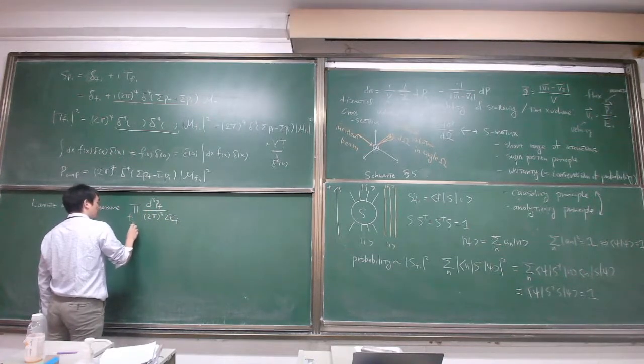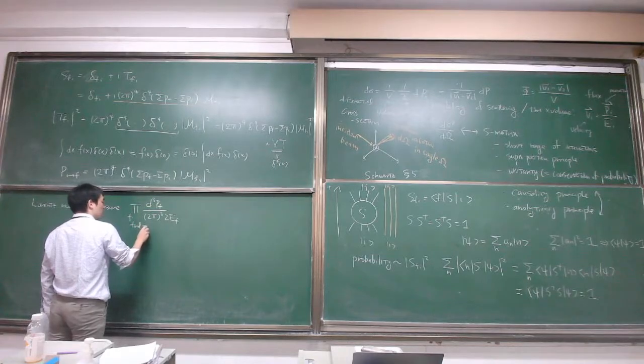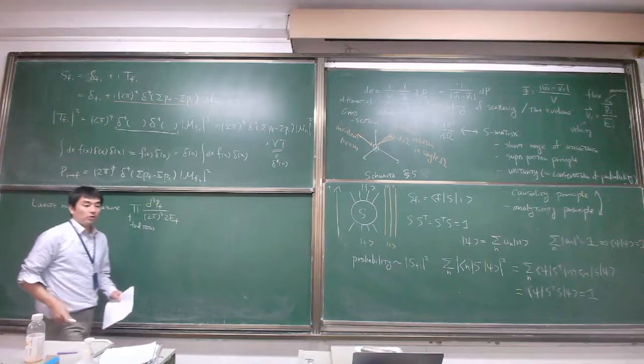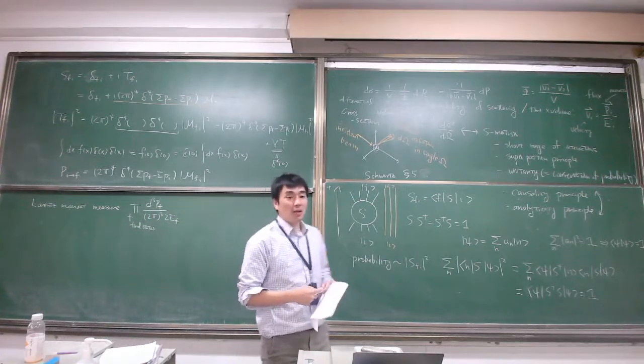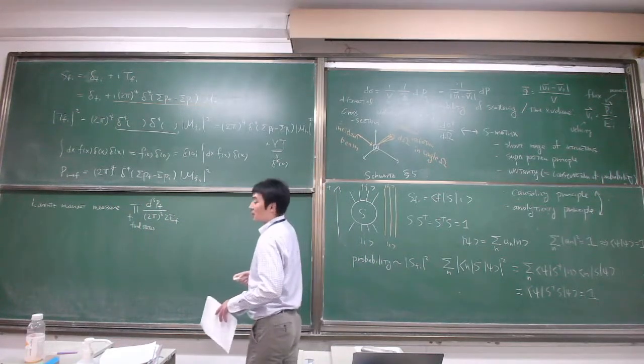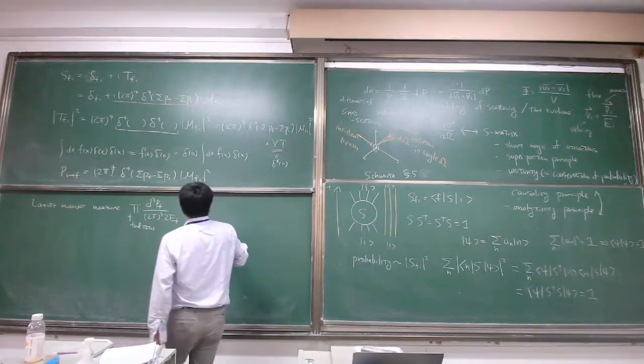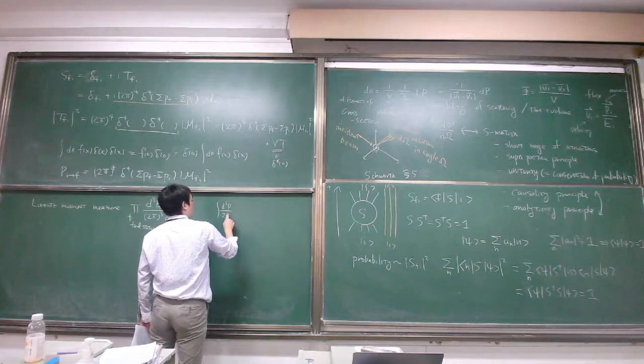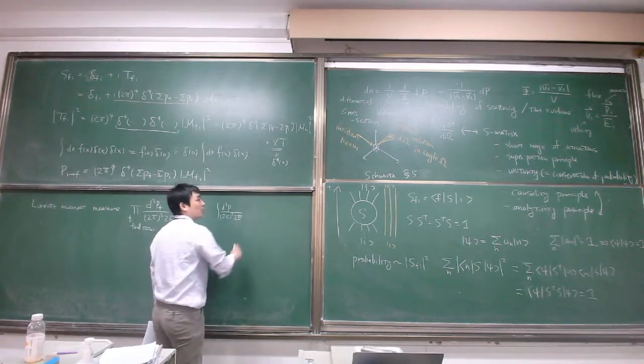This is the final state. So this is the Lorentz invariant measure. We already saw it many times. Do you remember? We learned it, right?